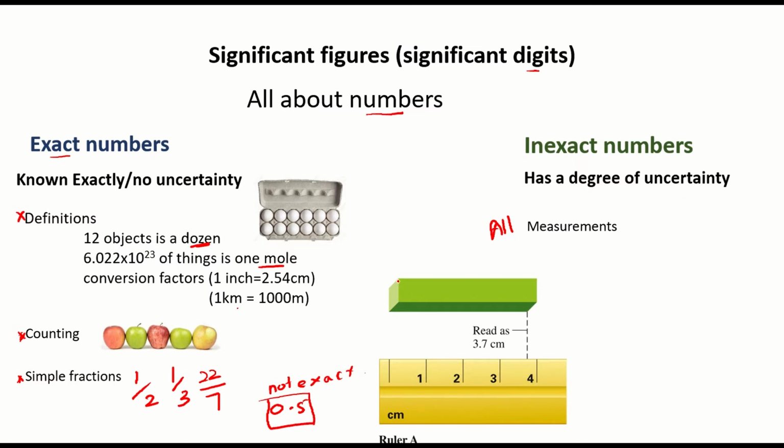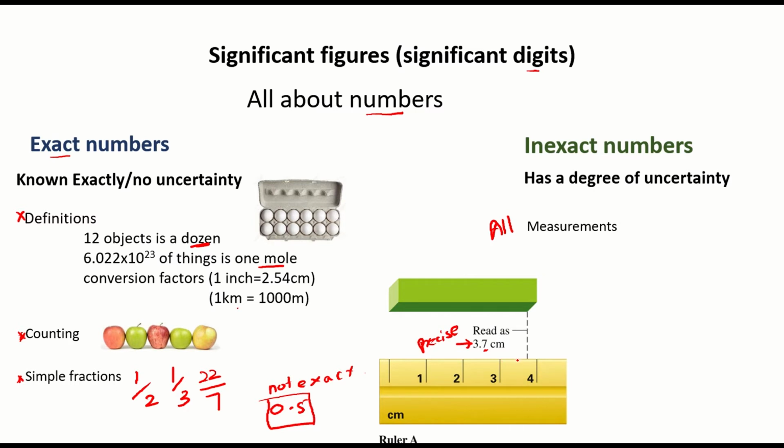For example, if you have this object and you are trying to measure its length using this first ruler, where you don't have any millimeter markings, everyone can read 3 centimeters precisely. This object is longer than 3 centimeters and shorter than 4 centimeters. So everyone can read 3. This 3 we read precisely. But what can you say about this second digit?